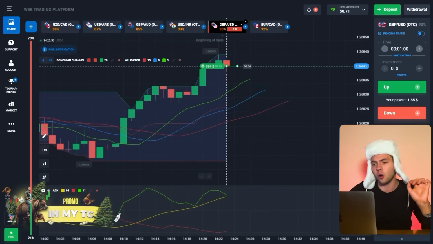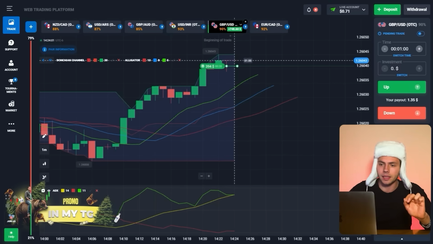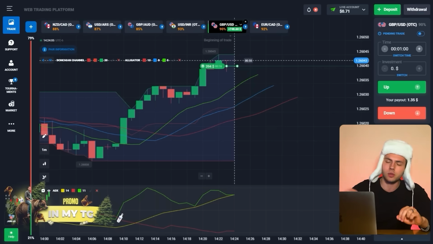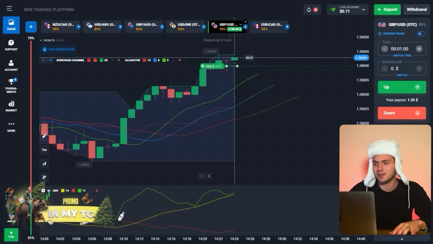slightly oscillating only close to the upper border of the channel, okay? And moreover, if we consider the graph itself, we have higher highs, higher lows, which means that the trend is upgoing right now at the moment. And here we can only open a buy trade if you want to make some huge profits right now. So that's basically what's happening at the moment. We open it for $394.